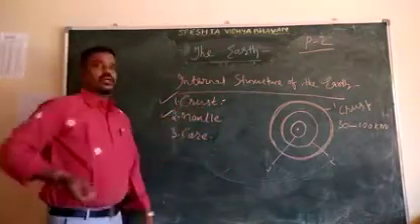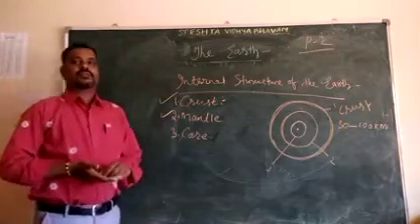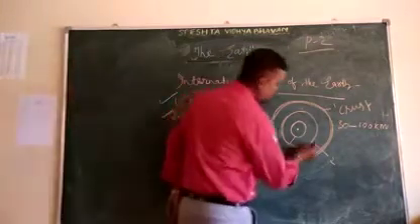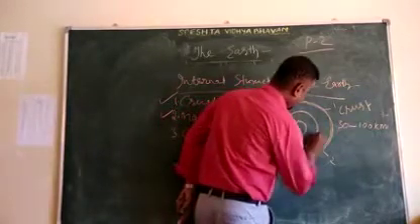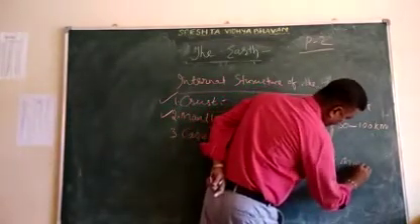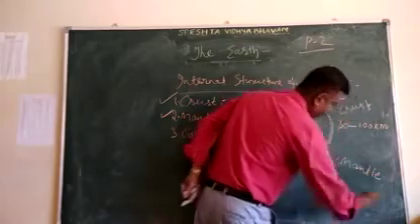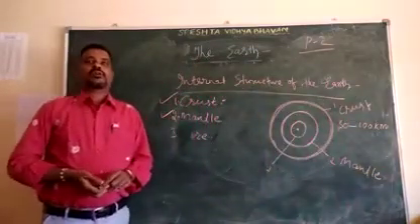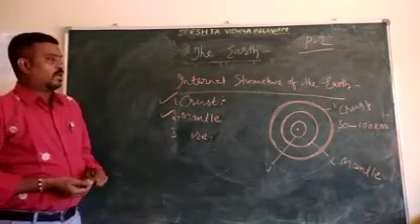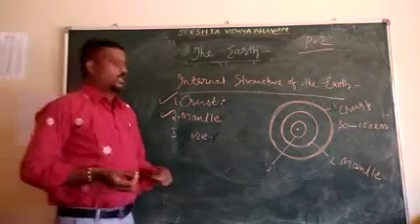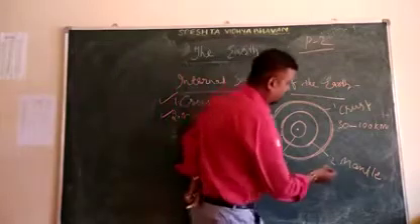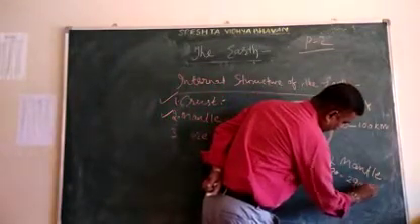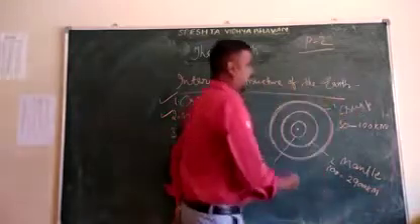And the second one is mantle. This is the second layer. This layer is called mantle. Its thickness is 100 to 2,900 kilometers.